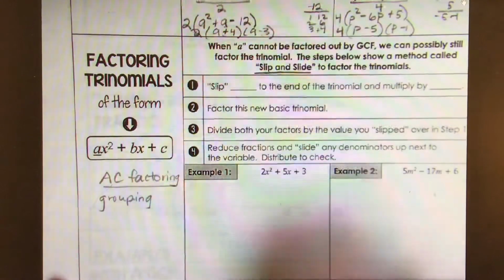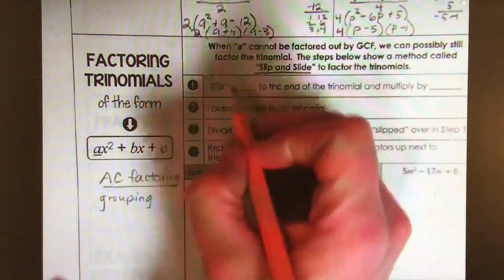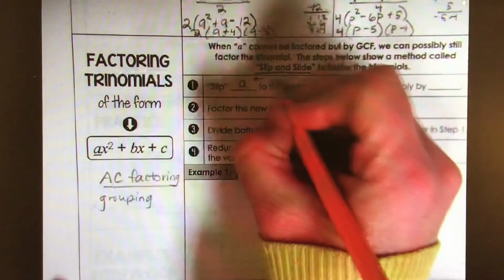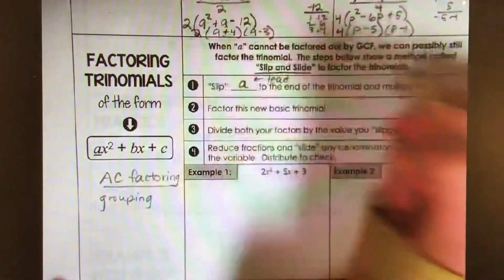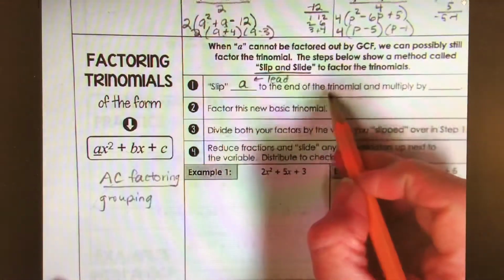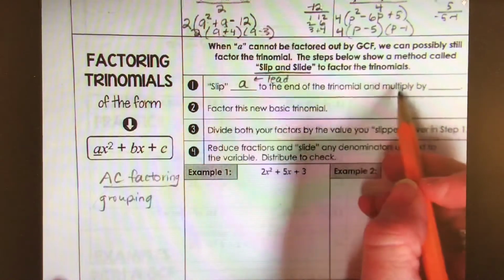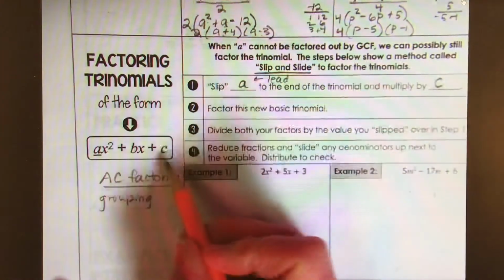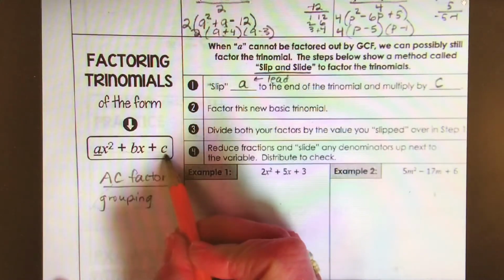Okay, so what we're going to do is we have our A. We are going to slip A, which again, that's that leading coefficient, the leading star, right, to the end of the trinomial, and then we're going to multiply by C, which is our constant here. So that's step 1.